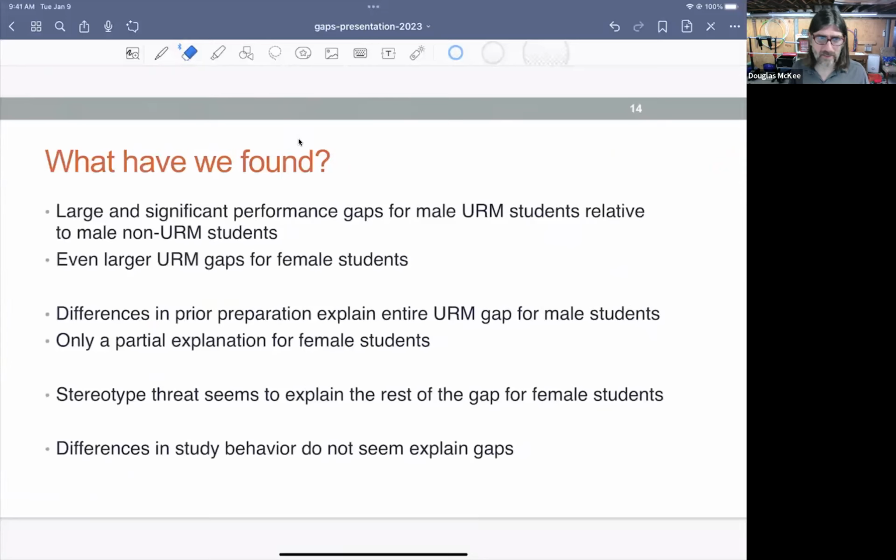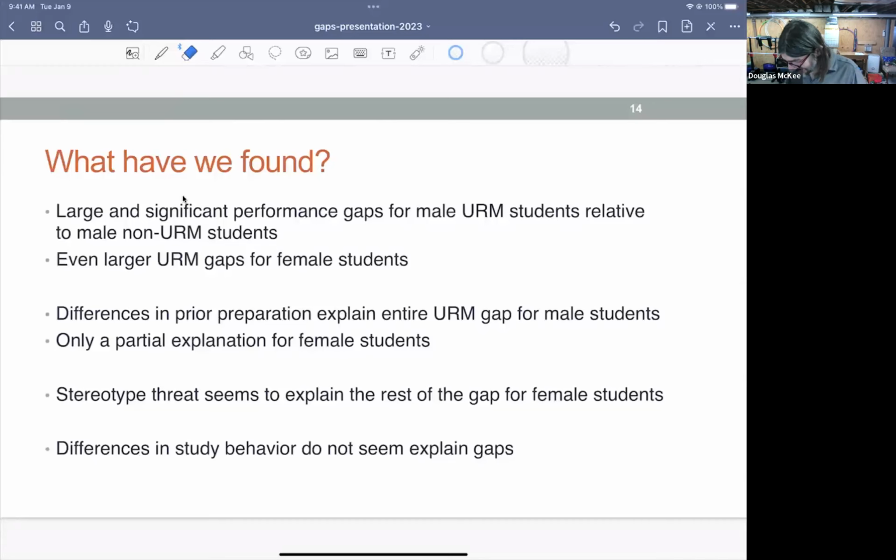So to summarize, we're seeing large significant gaps for male URM students relative to non-URM male students. And among female students, URM female students are doing significantly worse than non-URM female students. It seems that prior preparation can explain the whole gap for male students, but it only explains about half the gap for female students.